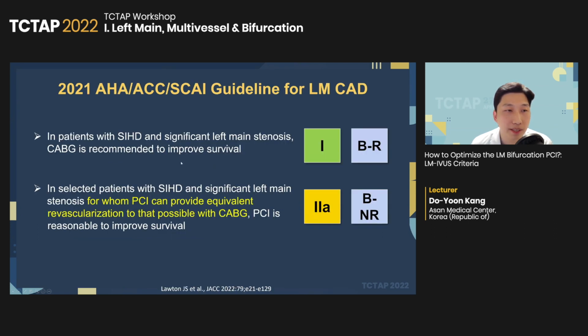And there is a sentence in the recommendation that in patients with stable ischemic heart disease and significant left main stenosis, CABG is recommended to improve survival as class 1. And this sentence shows that in selected patients for whom PCI can provide equivalent revascularization to that possible with CABG, PCI is reasonable to improve survival as a 2A recommendation.